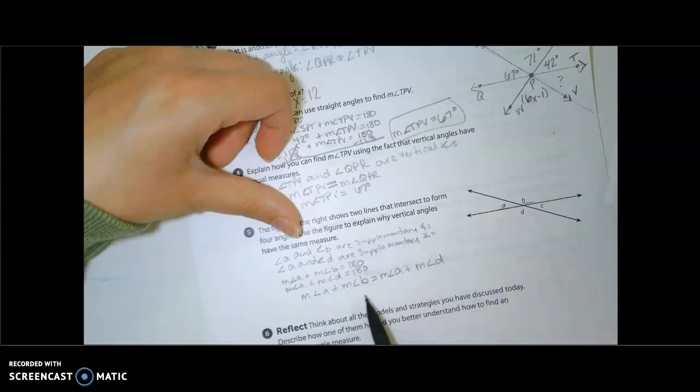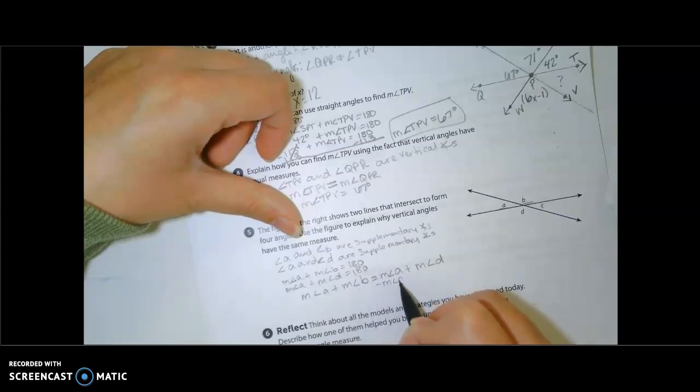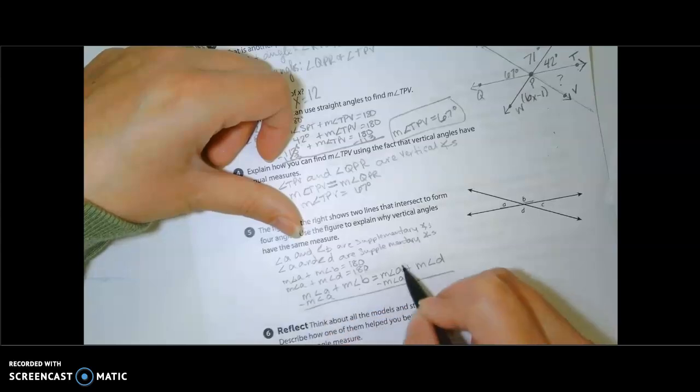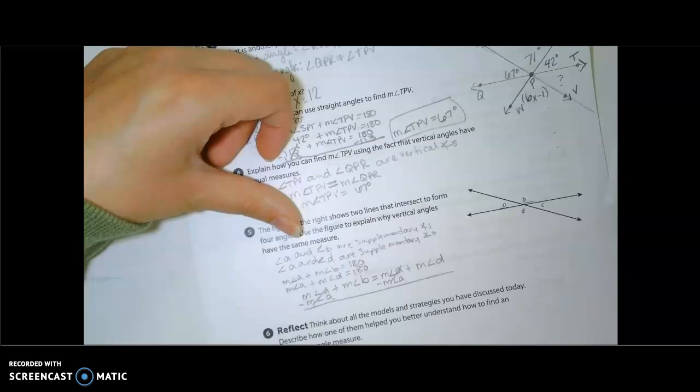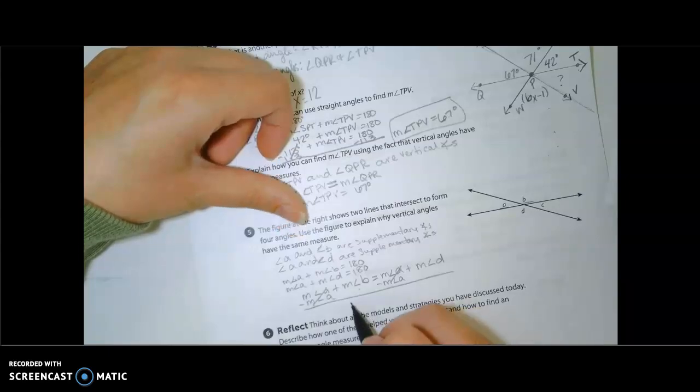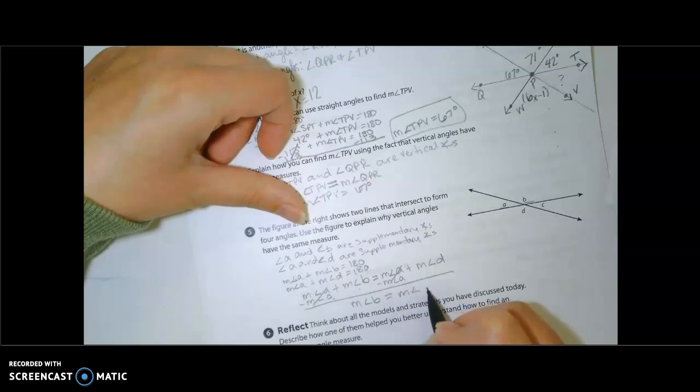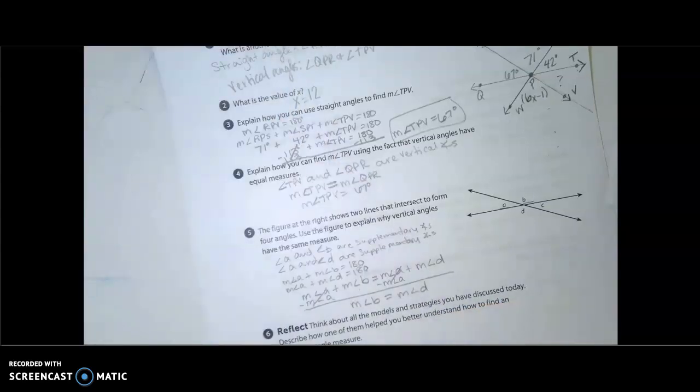And then if I want to get B by itself, I would subtract the measure of angle A. With the measure of angle A subtracted out on both sides, I am left with the measure of angle B equals the measure of angle D. And that is why, using supplementary angles, vertical angles will always be equal.